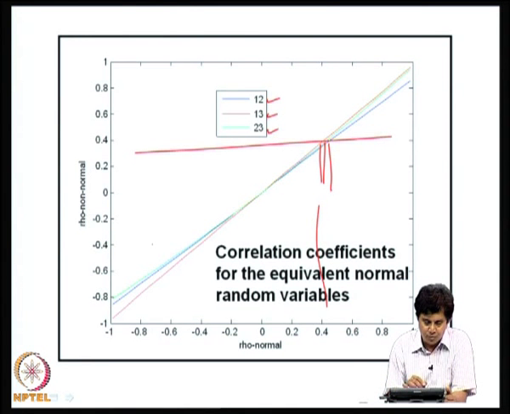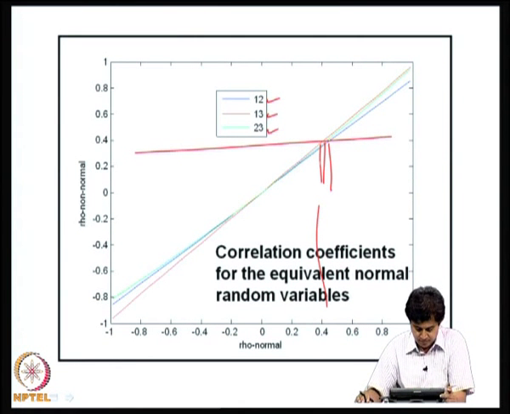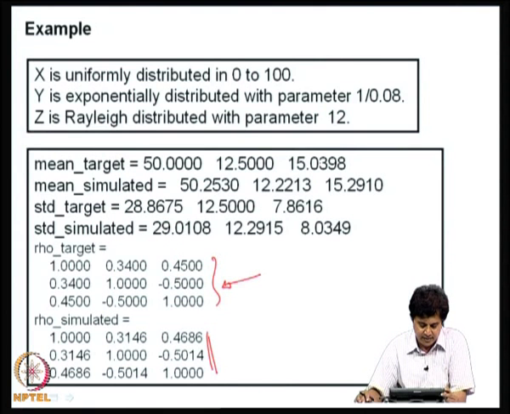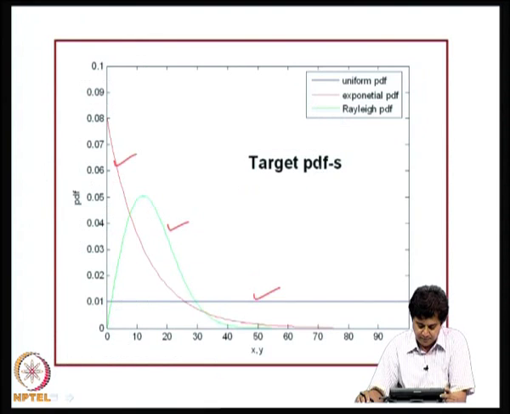So, this plot has to be generated as a part of the solution to the problem. So, this is a reasonably complicated problem in simulations and this method works quite well.